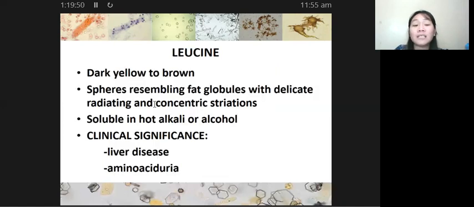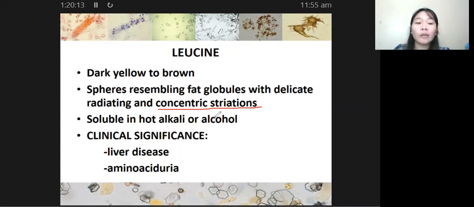Okay, so they appear as dark yellow to brown spheres which resemble fat globules with delicate radiating and concentric striations. So actually, ito yung very noticeable under the microscope, the concentric striations of your leucine.